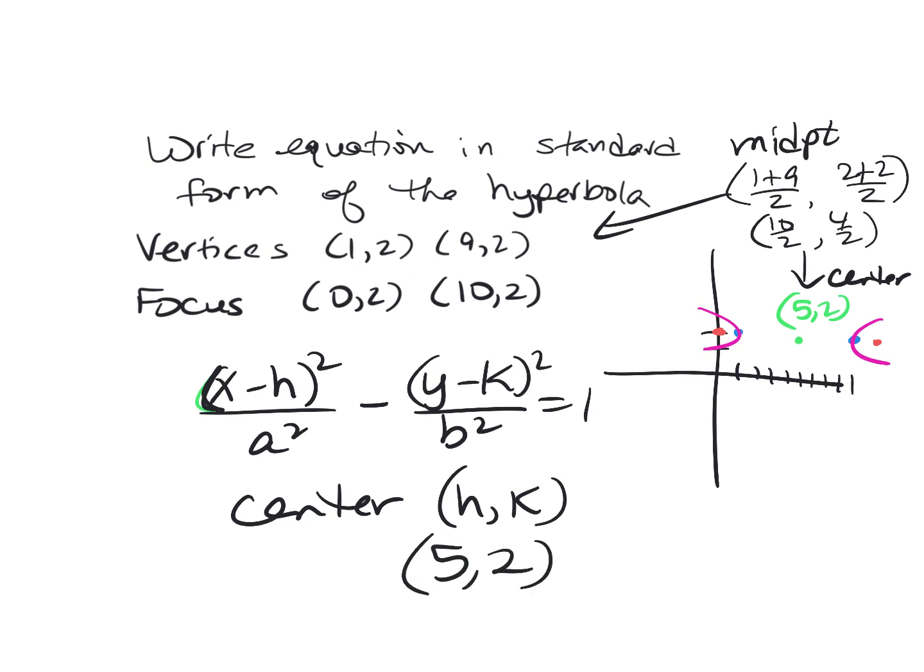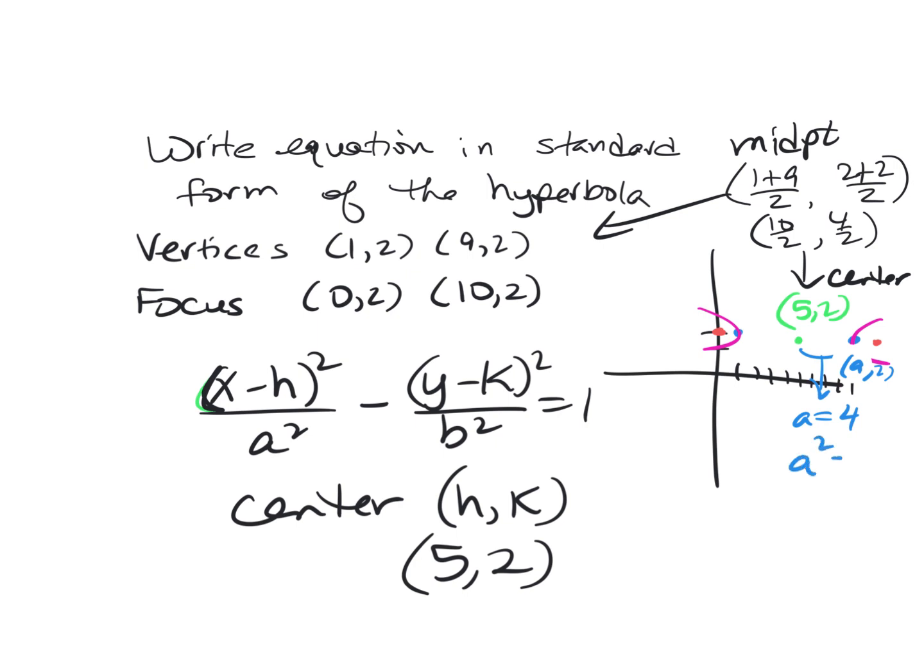Now, I can calculate how far away the center is from my vertex. And I can see that from the center 5, 2 to this ordered pair 9, 2, my a value is 4. So from 5 to 9 is 4.